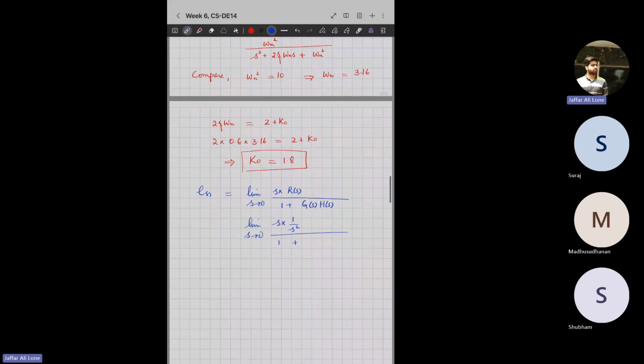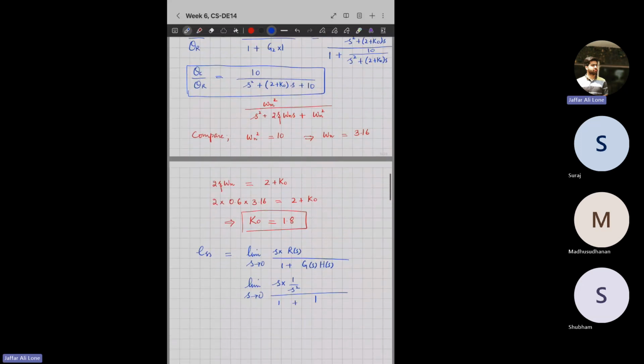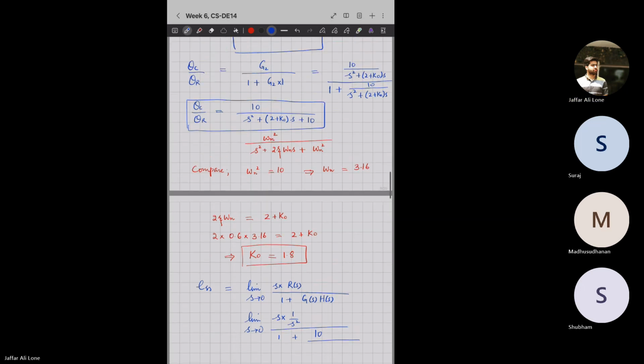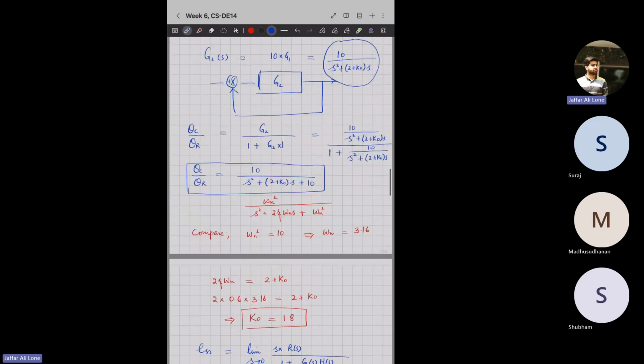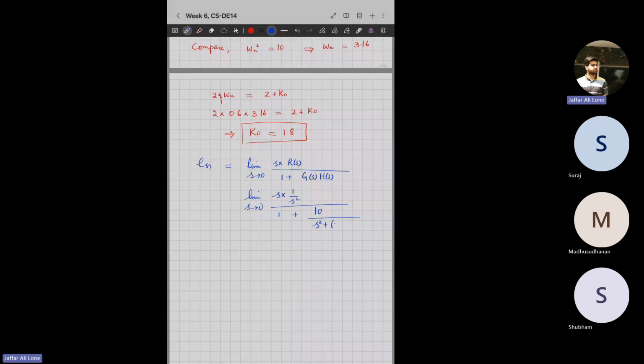So it is 10 divided by s into s plus 2 plus k naught. Okay. So just solve it. So 1 s and 1 s goes.